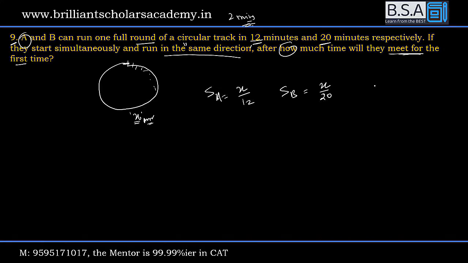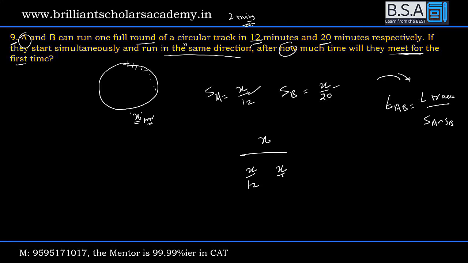We have seen few minutes back, when they go in same direction, the time required to meet is what? Length of the track divided by speed of A and B का gap. So what is length of the track? X. ये A का speed है, x upon 12. This is B का speed, x upon 20.